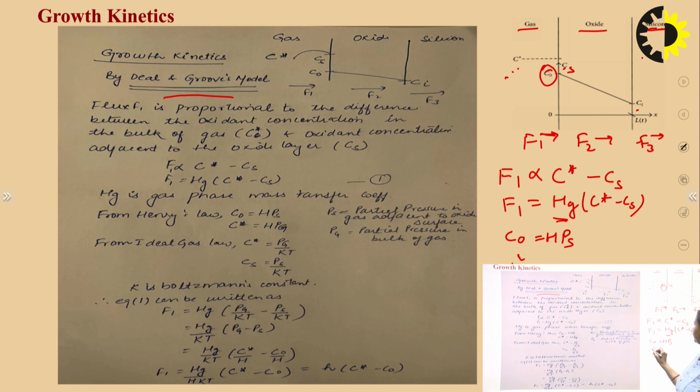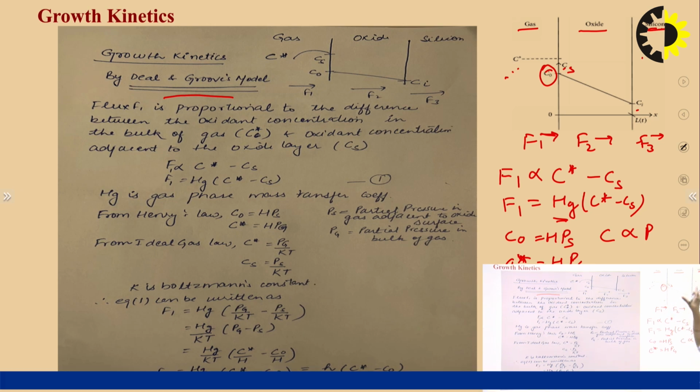Then we find the value of C star, which I have written as C star is equal to HPG. Again, H is Henry's constant and PG is the partial pressure at the gaseous phase. The concentration is directly proportional to the partial pressure, this is what Henry's law says.